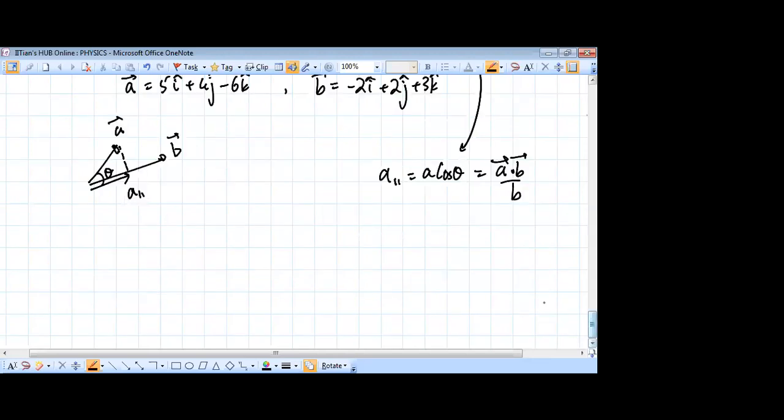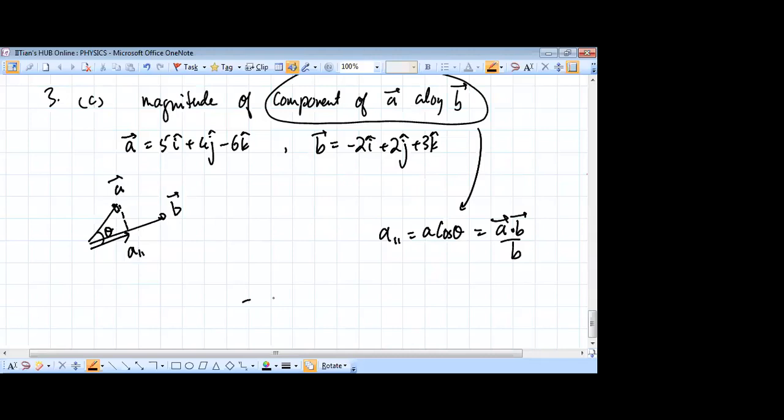Understood? So now next thing we have to do is find A dot B. So A dot B will become how much? Let's work that out. So 5 into minus 2, so that's minus 10, plus 4 into 2, so that's 8, plus 6 into minus 3, so that's minus 18. Divided by magnitude of B, so that is square root of 4 plus 4 plus 9. So this is becoming how much?